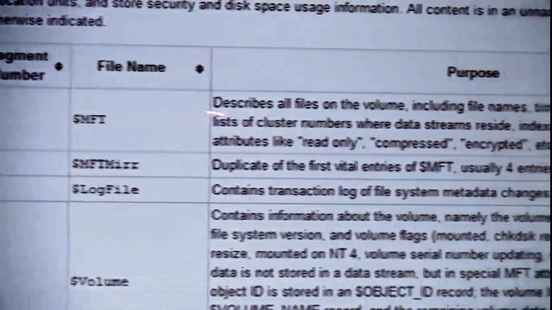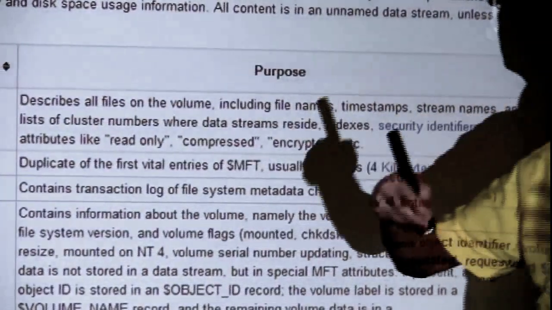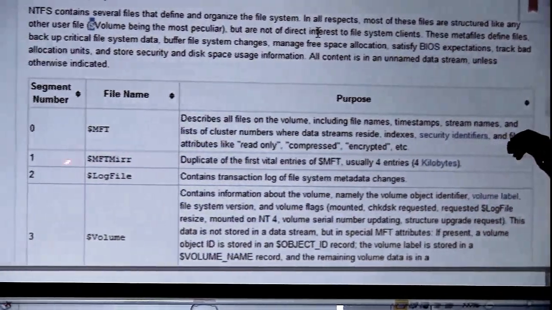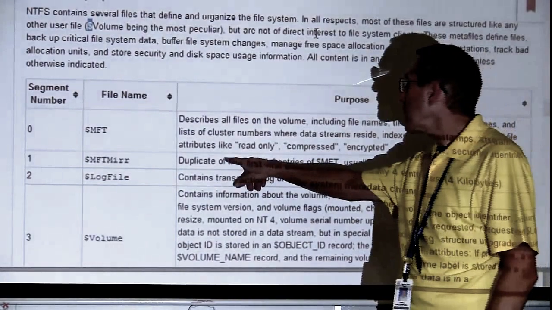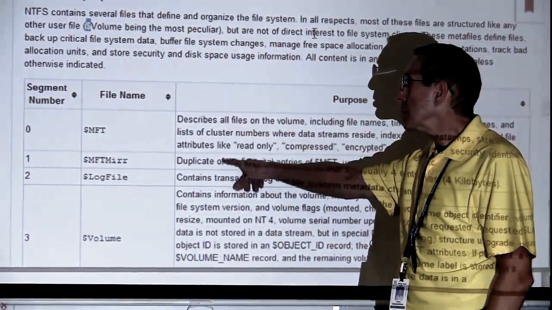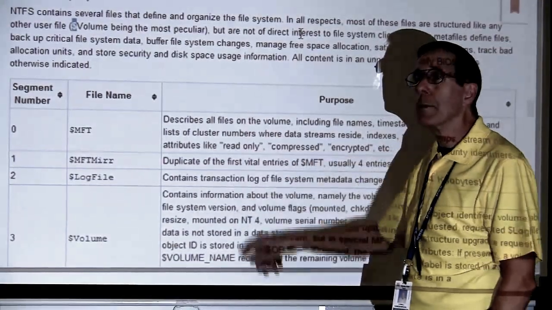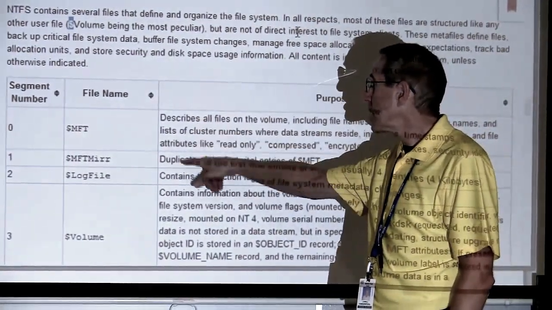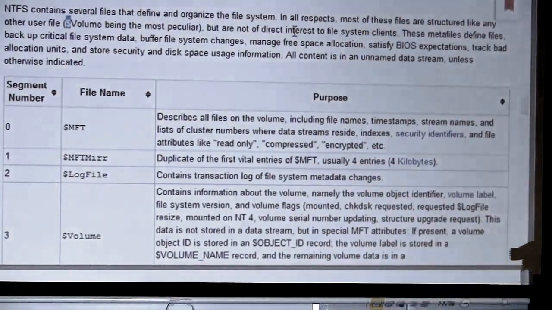This is the key master volume that indexes all of your files and structures on the NTFS partition. You also have a mirror of this. So $MFT mirror is a duplicate of your MFT table. If you lose one, NTFS can use the other to try to find files and folders.